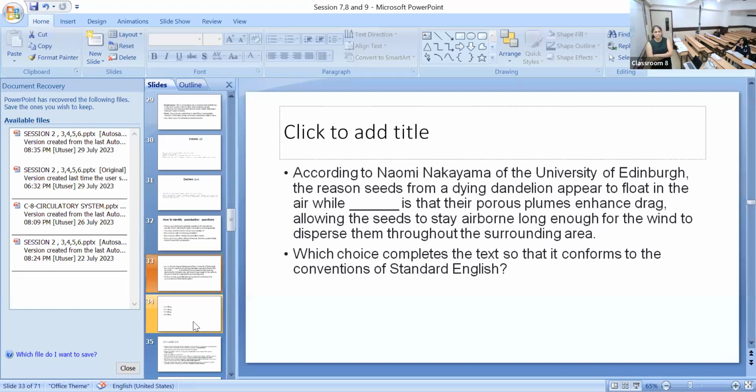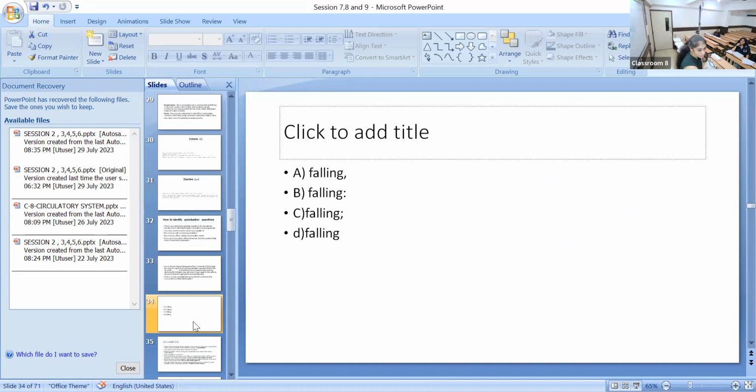Okay, Rhythm says B and C are not possible. So I'll show B and C again. She's saying the semicolon and the colon are not possible. May I understand the reason why? A semicolon is used for independent clauses, and this is dependent. A colon is usually used at the end. Okay, so Rhythm says we cannot use a colon because we're supposed to use it at the end, and the semicolon because it is used with independent clauses, and she thinks that the first part is dependent. So she says B and C are not possible. So let's go with A and D. What do you guys think?